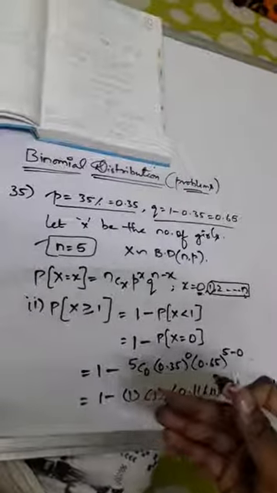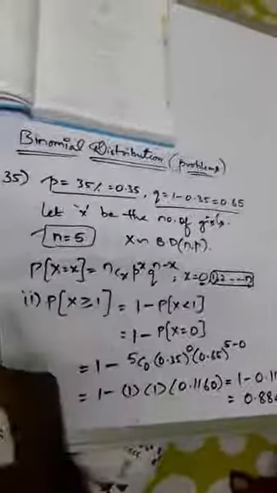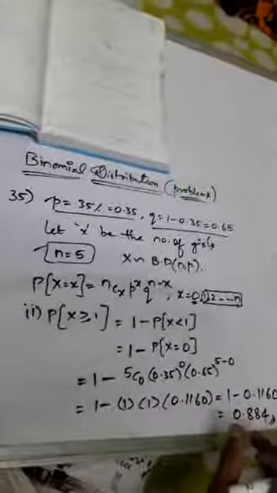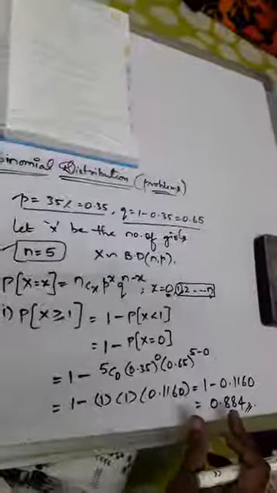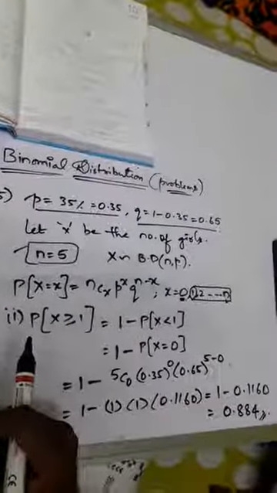Every problem carries 5 marks. In these kinds of problems there are some subsets of marks: writing the given information carries 1 mark, writing the PMF carries 1 mark, the complete solution carries 2 marks, and the final conclusion answer that you present carries 1 mark. This is the way the valuation would be done in the examination.